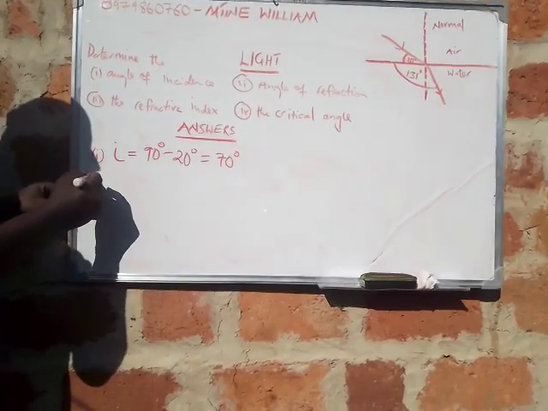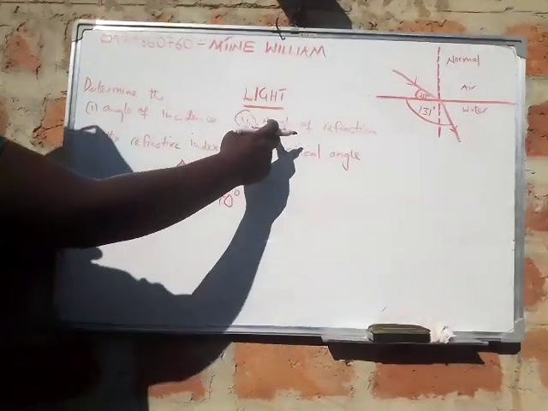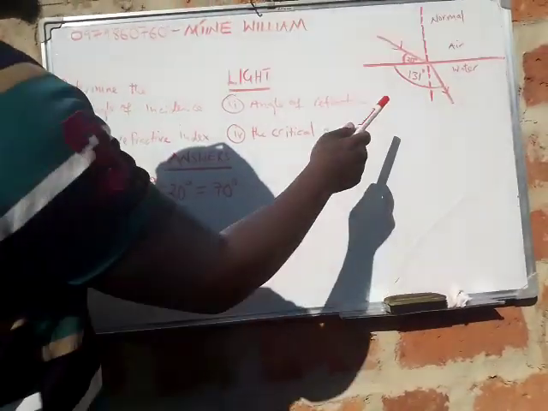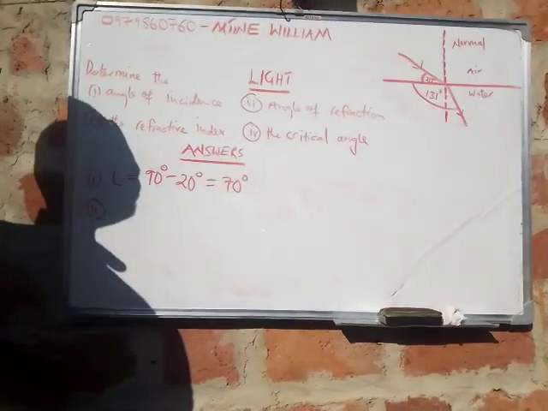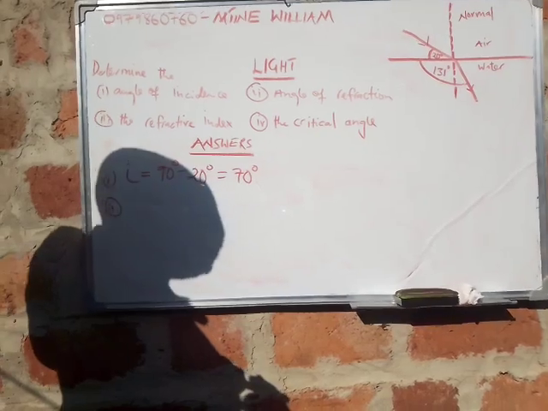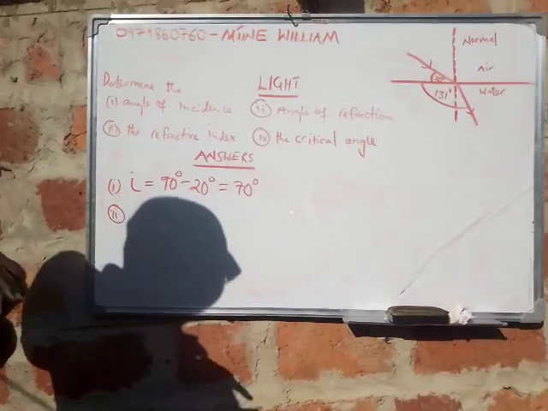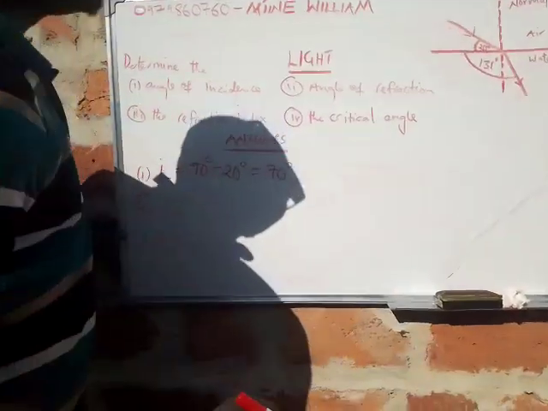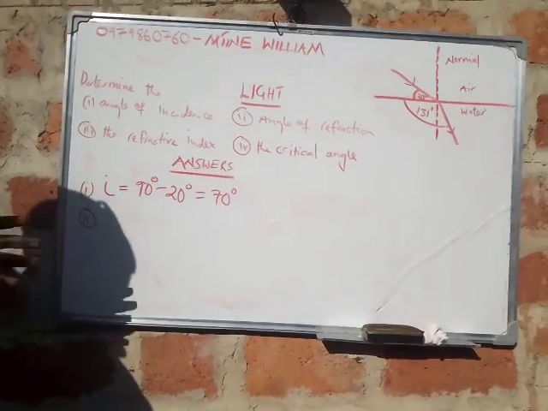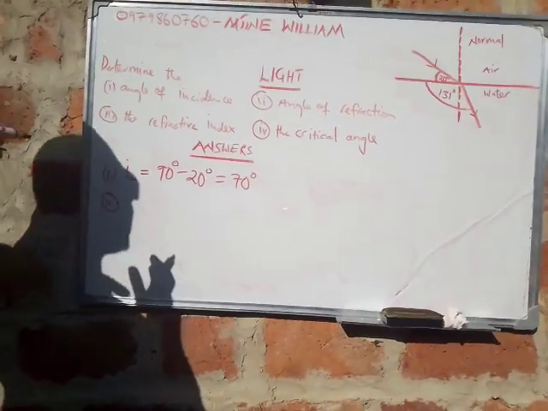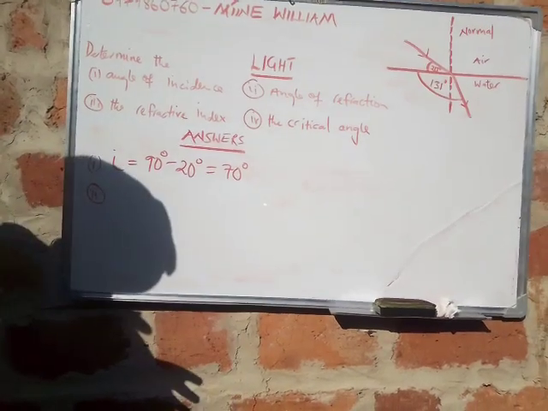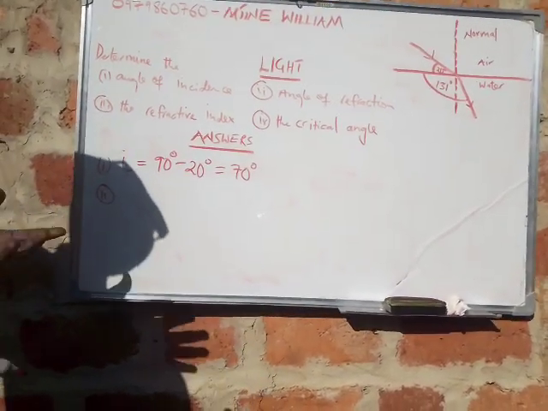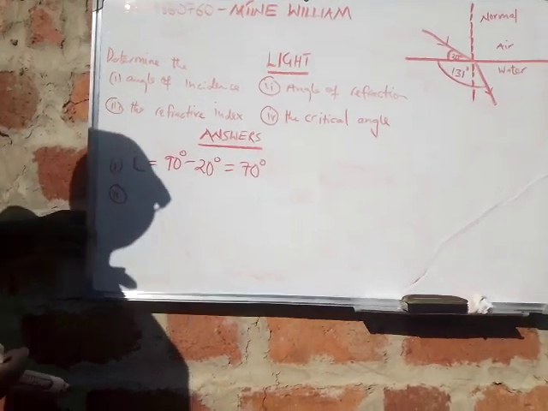Number 2, we are going to find the angle of refraction. As we know, refraction is the bending of light as it moves from one medium to the other. As light moves from air to water, it always bends.